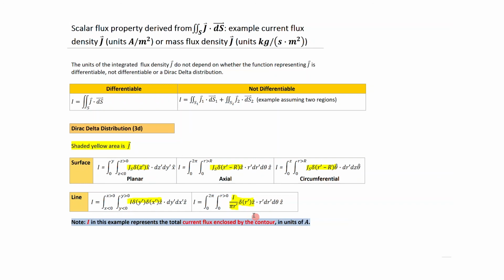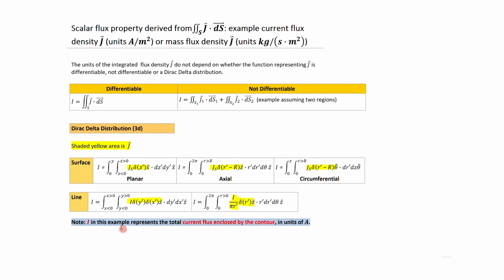In cylindrical coordinates, the differential area we'd be dealing with would be r prime d theta. Current still flows in the z-hat direction, but of course the Dirac delta function has a different form because this is in cylindrical coordinates. Notice again that all we need is for r to be slightly larger than 0, and you capture everything you need regarding the Dirac delta function.